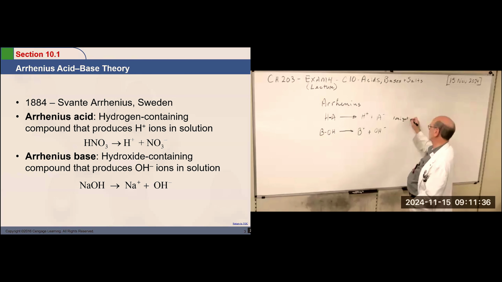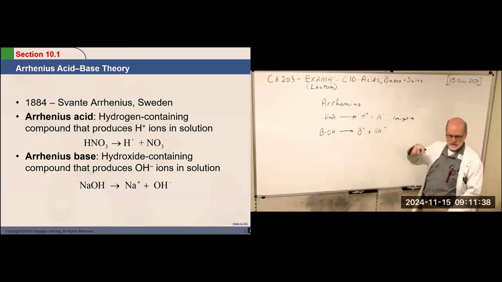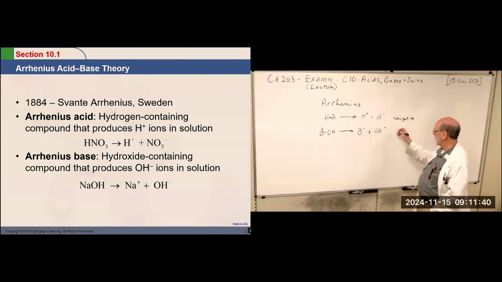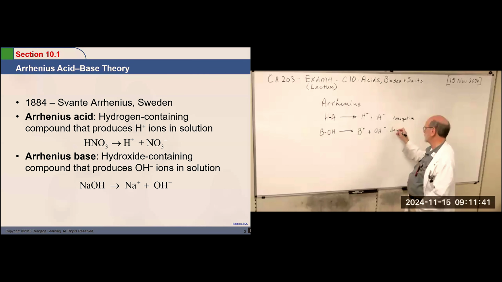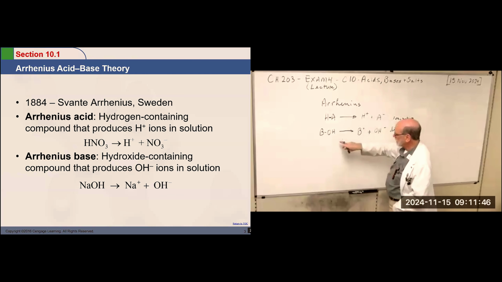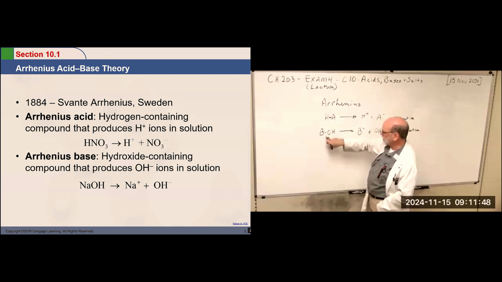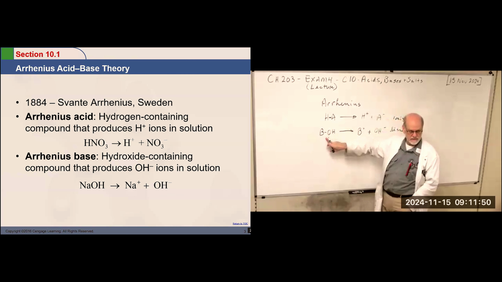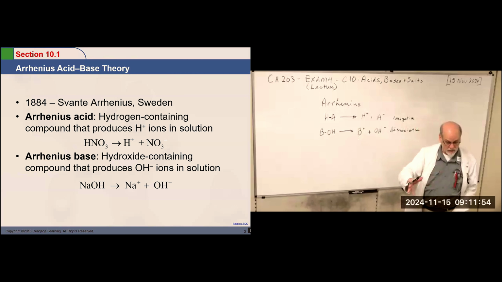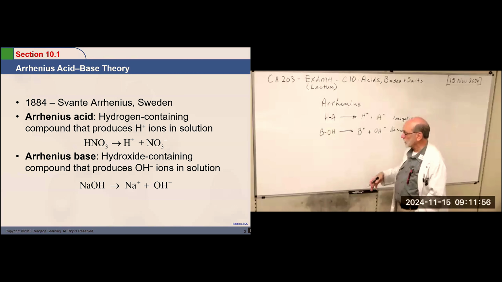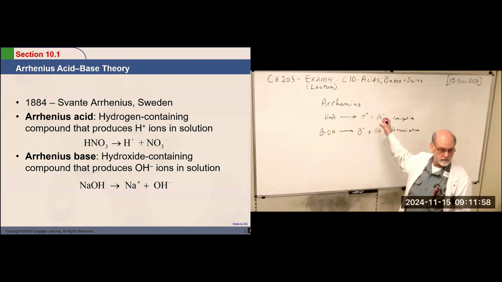I think I've got a slide on this too, but I thought I'd put it in here, stream of consciousness. And this is dissociation. This bond here is ionic. That one's covalent, according to Arrhenius. So this works for over 90% of acids and bases.